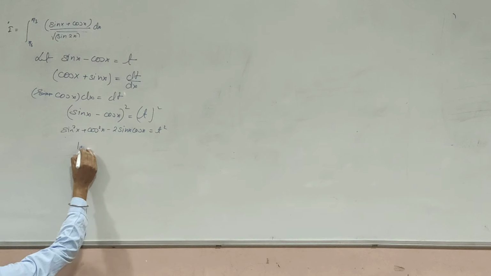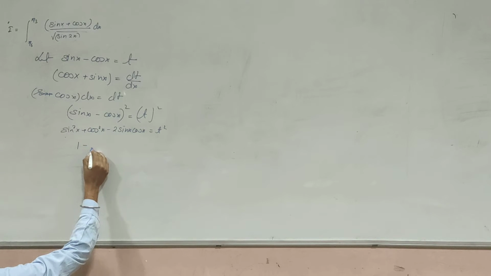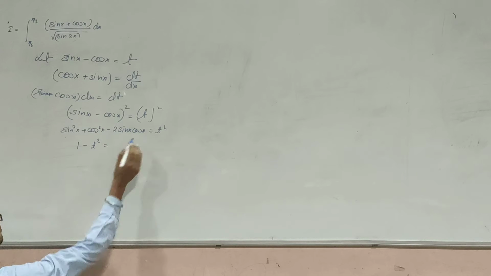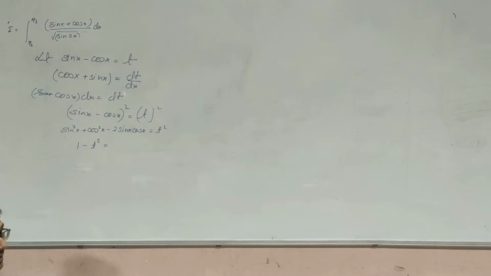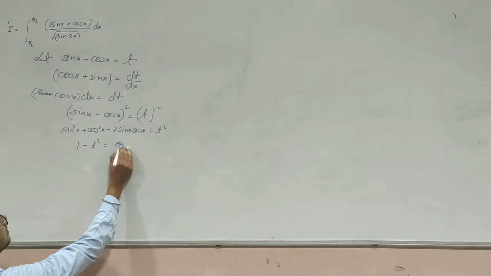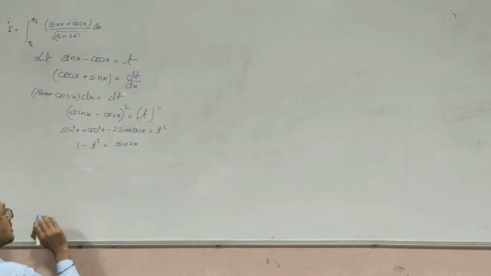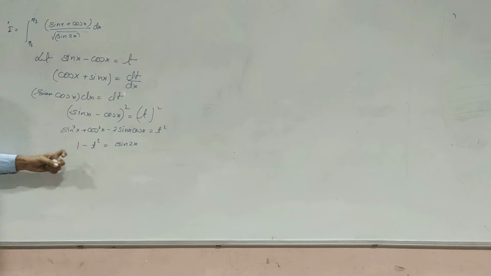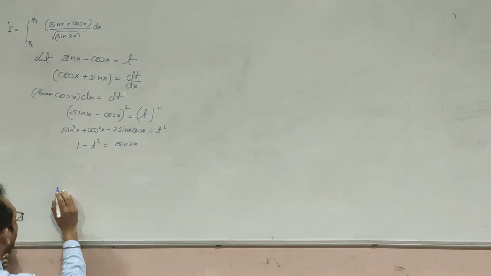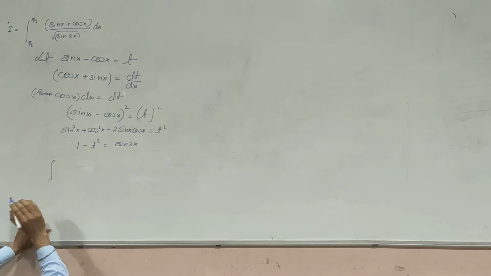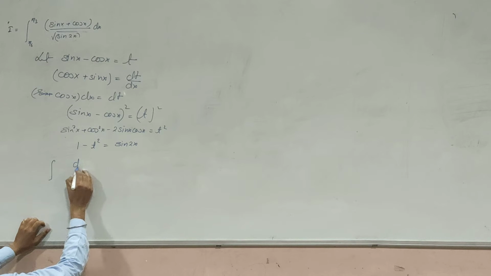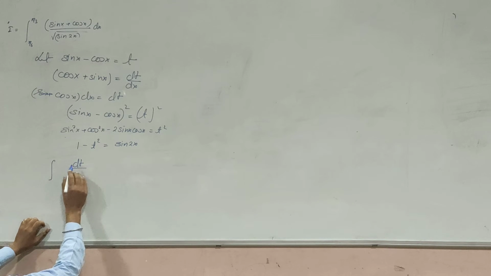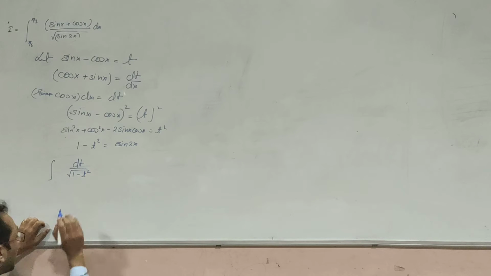This is 1 minus t square equals 2 sin x cos x, and 2 sin x cos x is sin 2x. Let us put these values into the question. So it will be the integral, numerator becomes dt upon denominator becomes under root 1 minus t square.